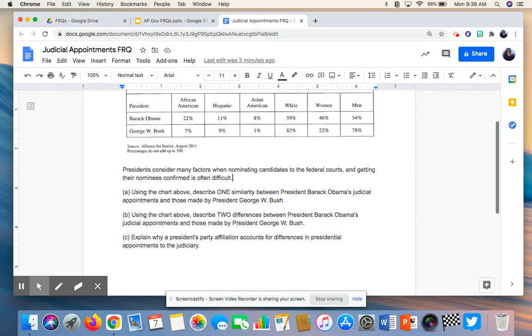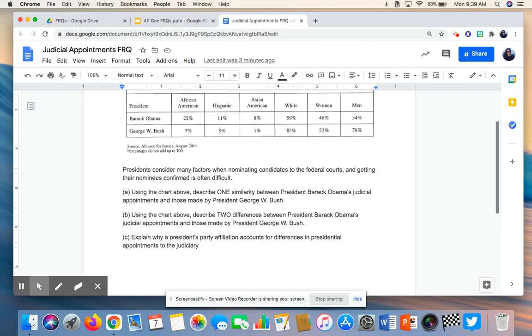And then for part C, it says, explain why a president's party affiliation accounts for differences in presidential appointments to the judiciary. So how can a president's party affiliation make a difference in the judges that they appoint to the judiciary?